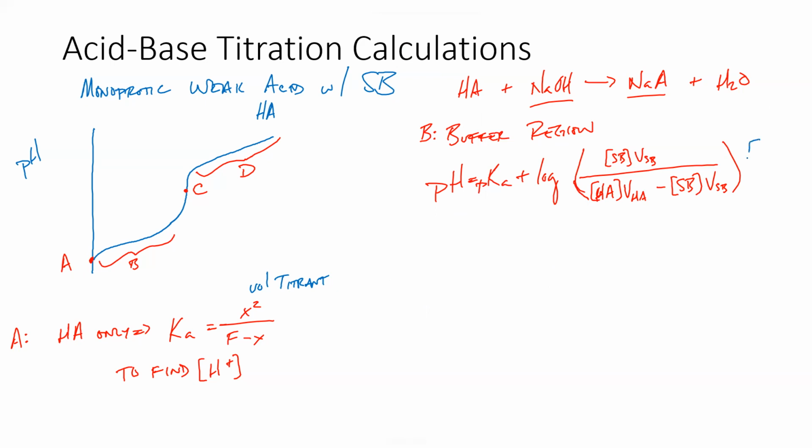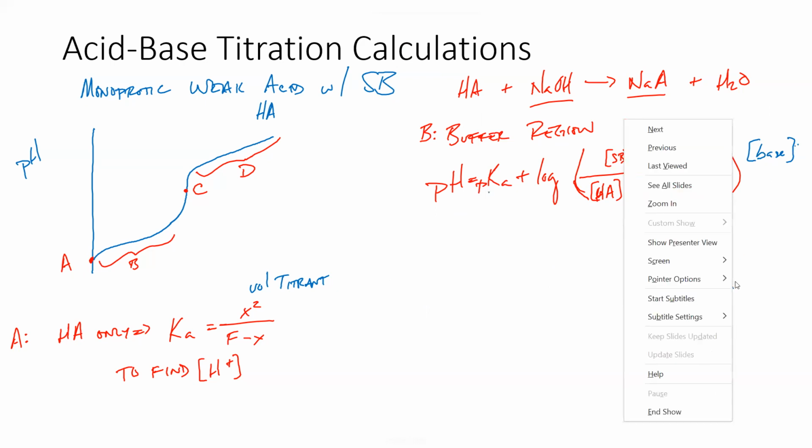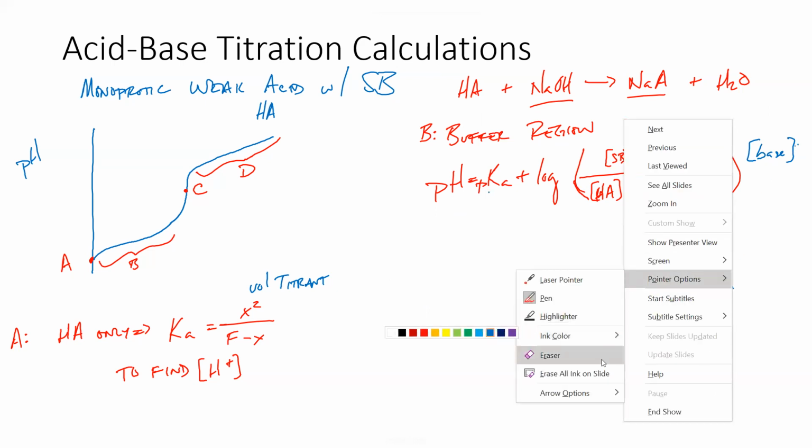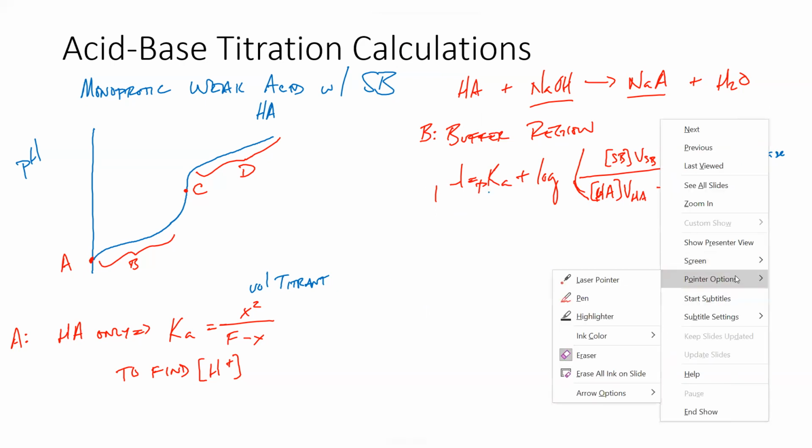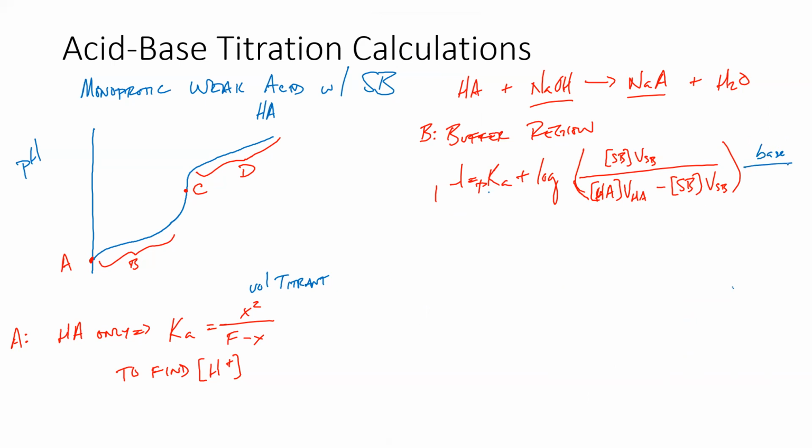So again, this is just base. Actually, I need to take my brackets off because I haven't done concentration of base, have I? I've done the moles of base divided by the moles of acid. If we're talking about the same solution, acid and base have to have the same volume. And so the number of liters cancels when we divide.